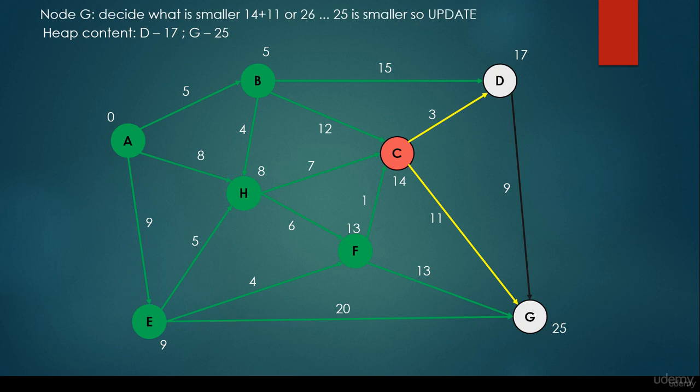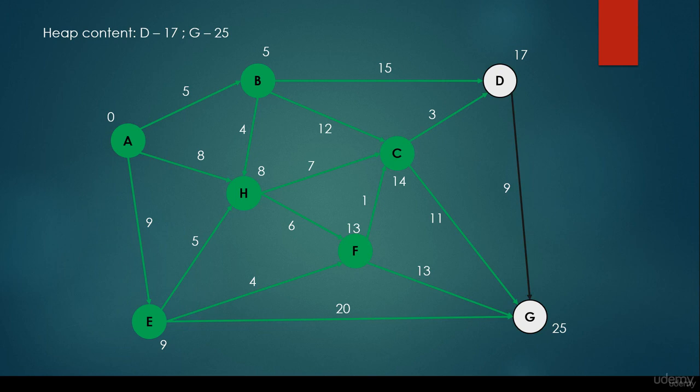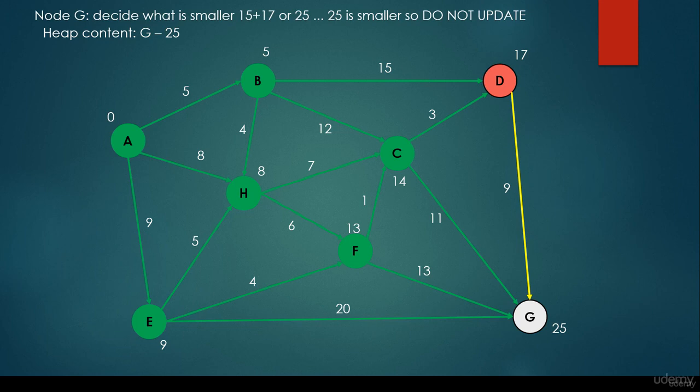Of course 25, so we update it. We have 2 items in the heap now, the D with min distance 17 and the G with min distance 25. Of course D is the smallest one, so we keep visiting its neighbors. We decide whether 17 plus 9 is smaller or 25. Of course 25, so nothing happens, we do not update.